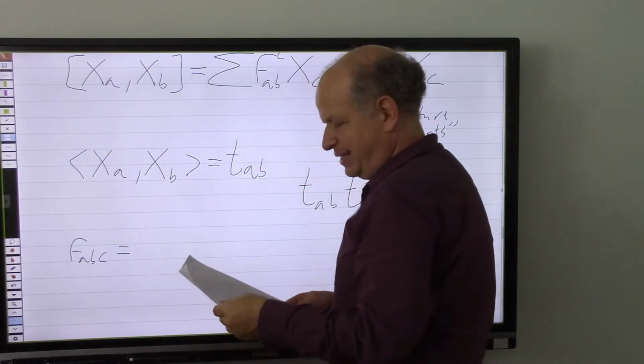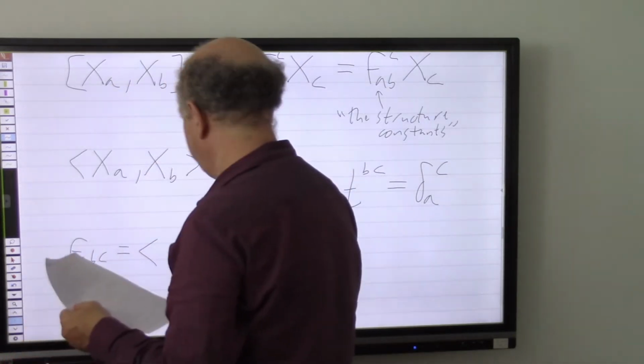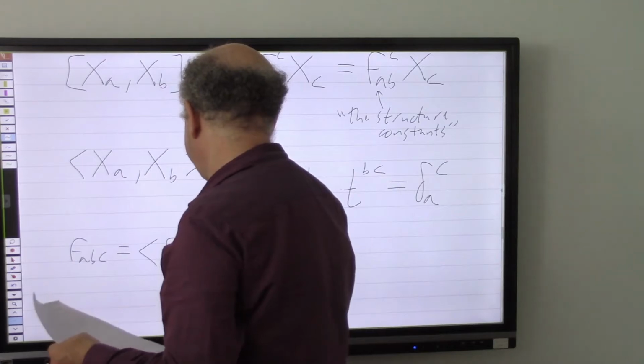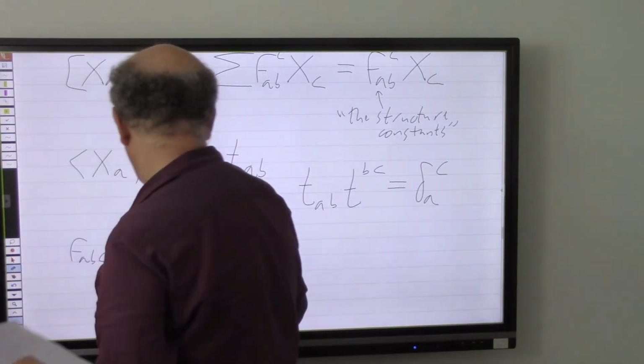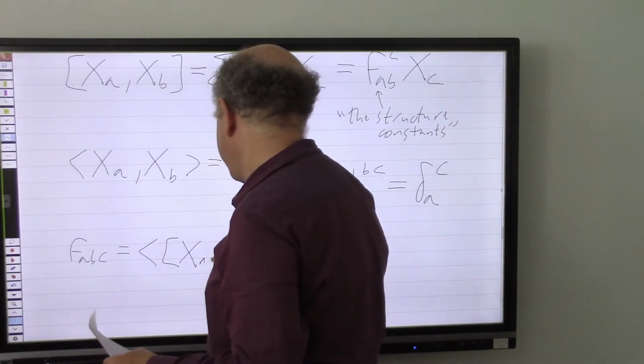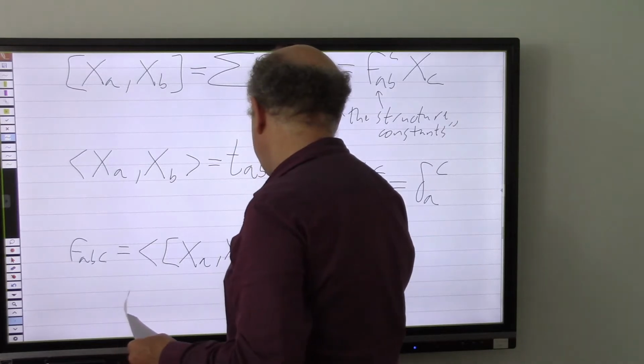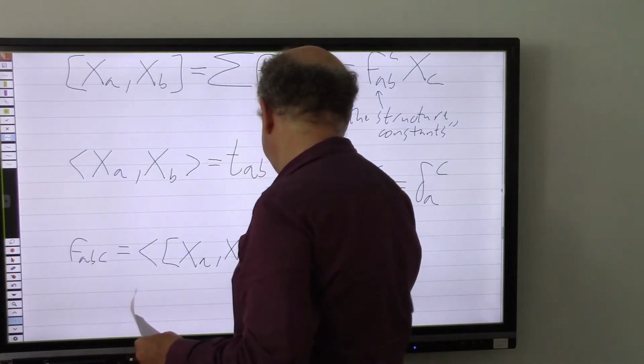So this symbol is the inner product of the bracket of X_A and X_B with X_C, capital X.